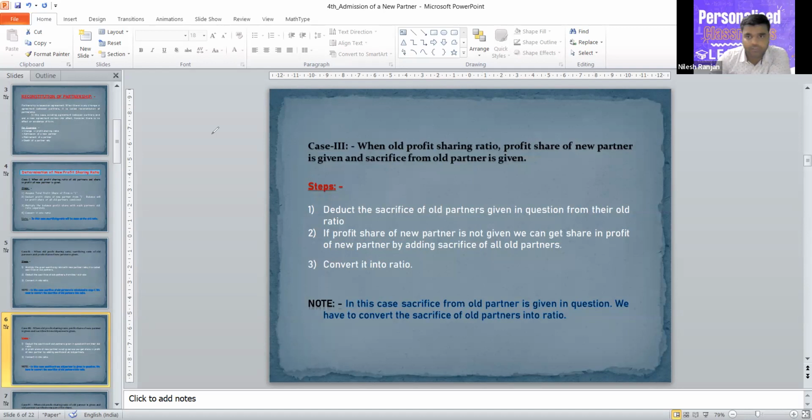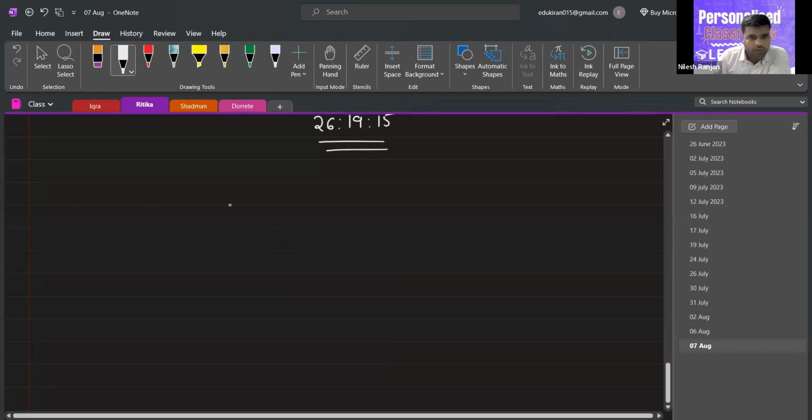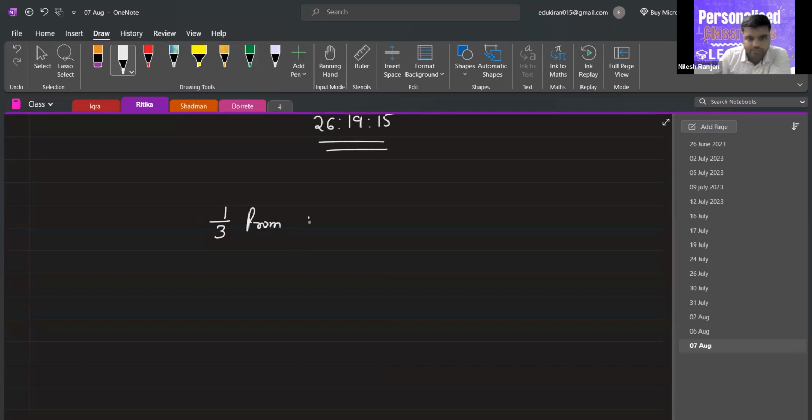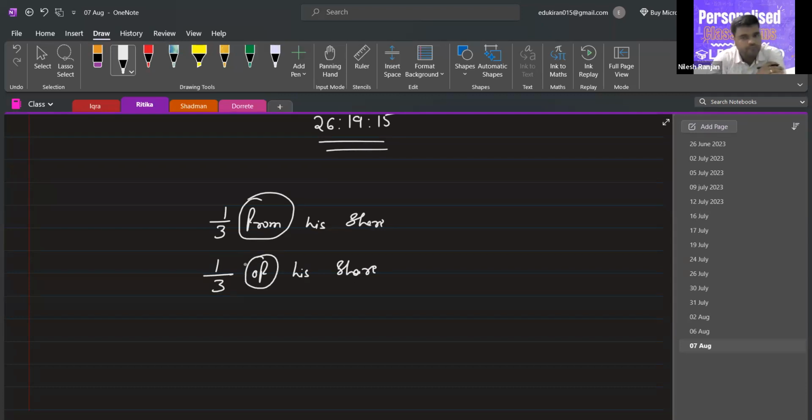They will say to you like this, that 1/3 from his share, or it will be 1/3 of his share. Okay, sir. Now, in this situation, what is the difference? The first one we will have to deduct from his share, and in the second one we will have to multiply it with the share.